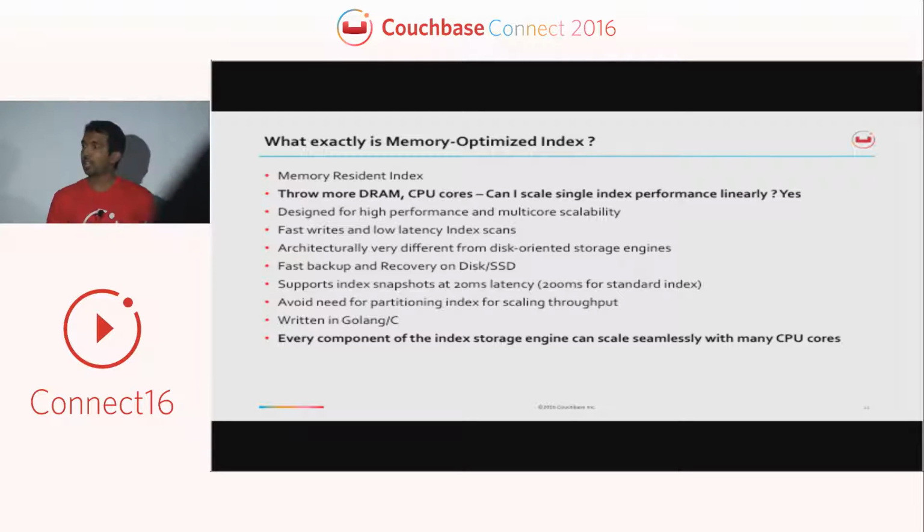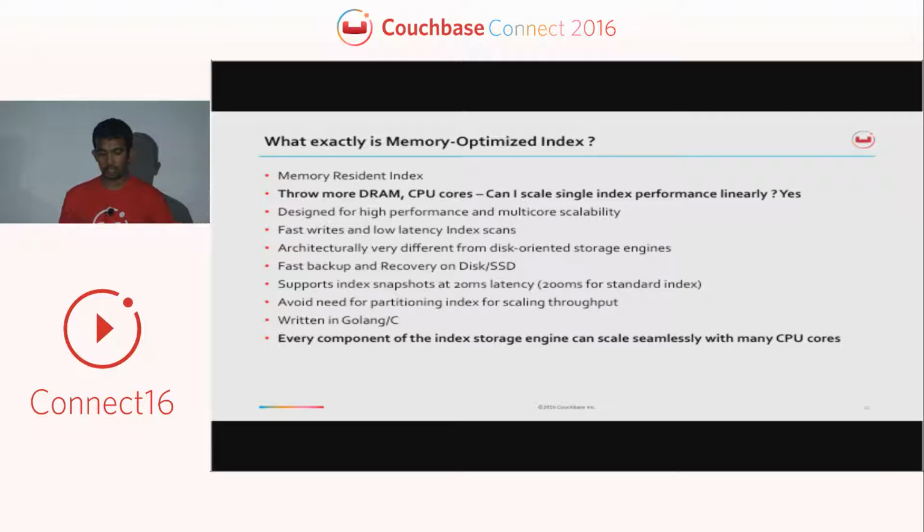Also, since everything is in memory, we need a fast backup and recovery mechanism, which works well on SSDs. Then we also wanted to support smaller indexing latency. What I mean is, as I talked about earlier regarding asynchronously updated indexes, whenever a document is updated in the data service, it takes some delay to update it in the indexer, because it has to propagate the changes and they are not immediately updated.